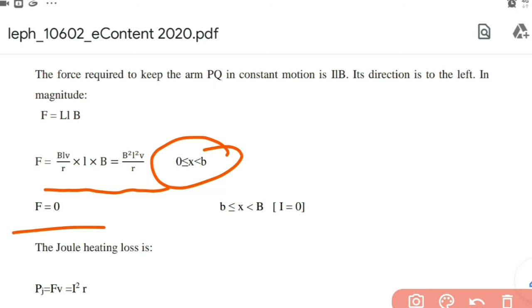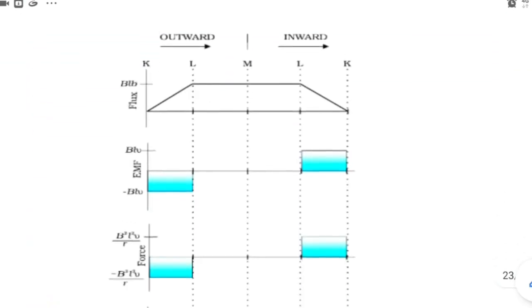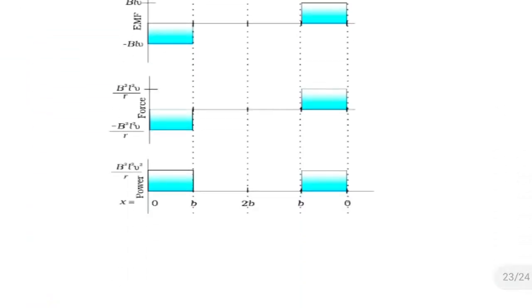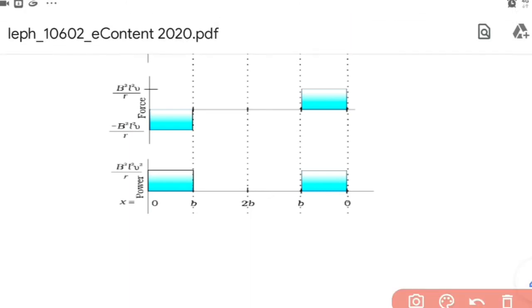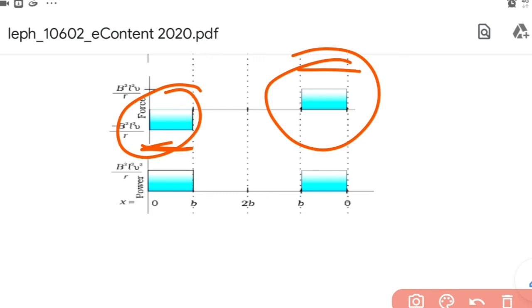That means it becomes towards right, so that is to be taken as negative. When we plot it in the graph, we'll get the third graph, which has the force on the y-axis. For the motion from 0 to b, this is the force, and for the motion from b to 0, this is the force. In between, the force is 0 because there is no induced EMF.